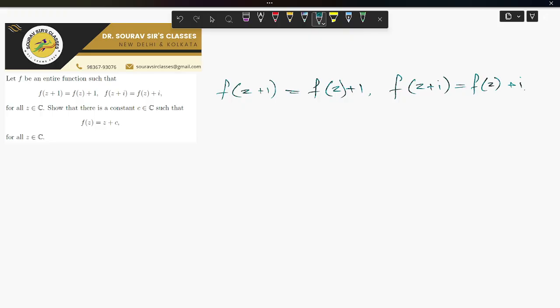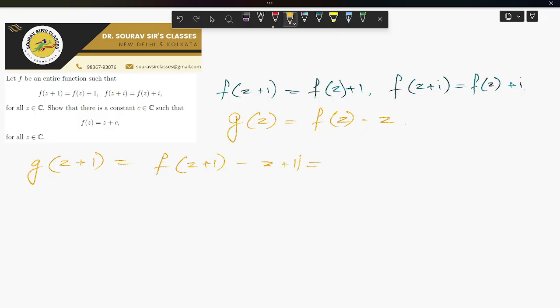So now let us define a function g of z, and that is equal to f of z minus z. Then our g of z plus 1 will be what? f of z plus 1 minus z minus 1.